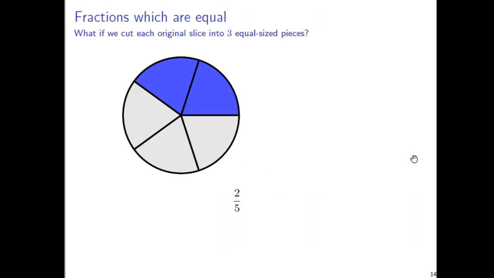Let's try this idea again, but instead of subdividing each of the original pieces into 2, how about if we subdivide into 3 equal-sized pieces? So for instance, here you've got 5 pieces total to start, and then 2 of those were eaten. You see 2/5 in the picture, and we're going to take each of these individual pieces, all 5 of these, and we're going to, right here, take this triangular looking piece and cut it twice so that we get 3 littler pieces out of this.